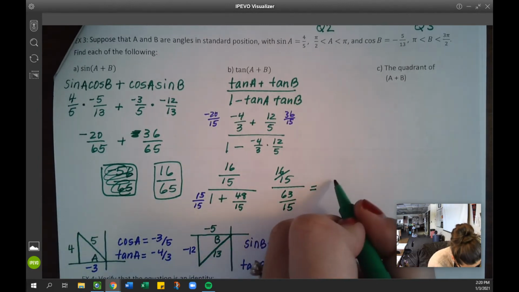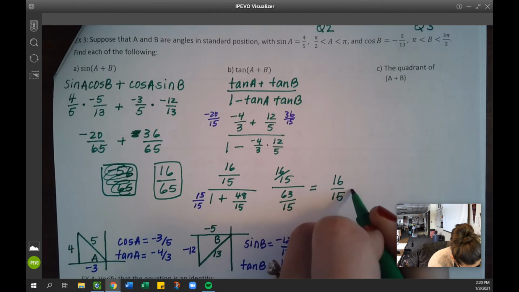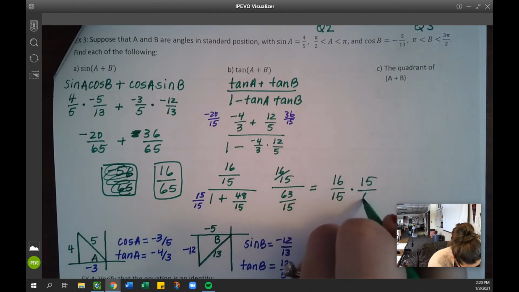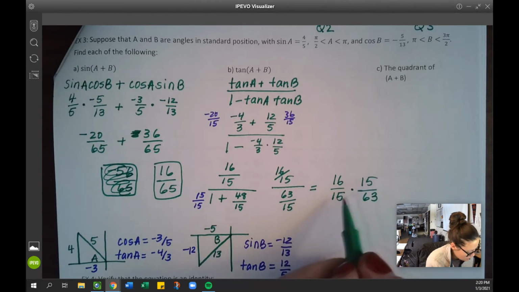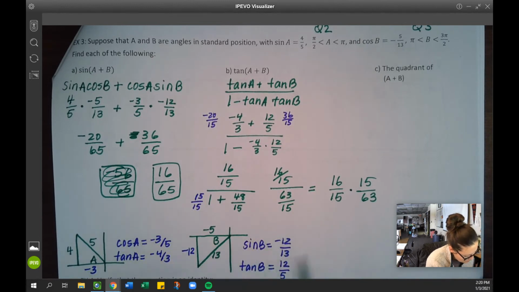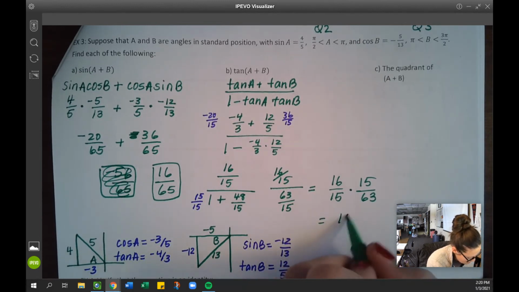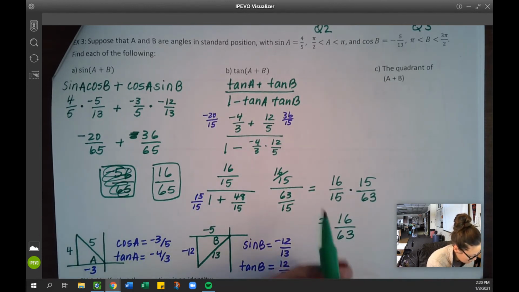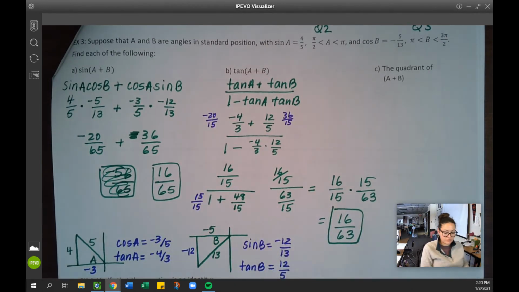So I have 16/15 times 15 over 63. Those 15s are going to cancel out, and we're simply left with 16 over 63. Okay.